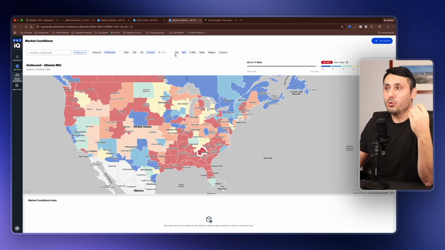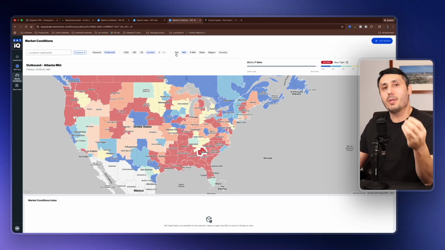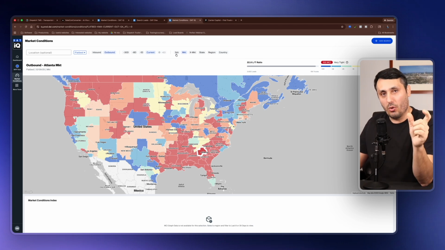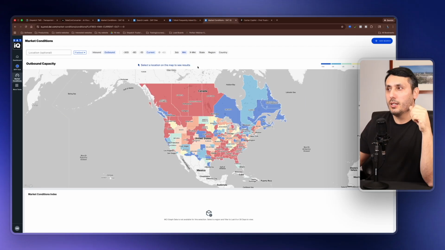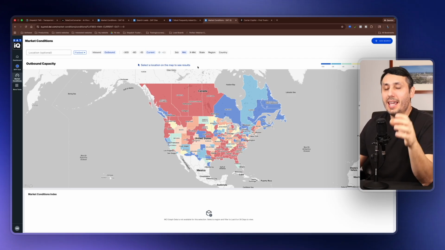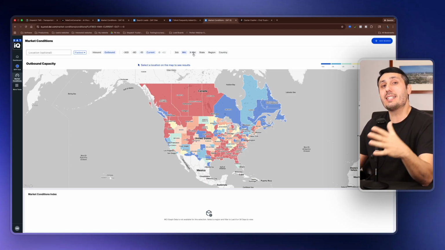We have 3DZ, that means 3-digit zip code. That means a granular level. We're not going into details. As I said, the general idea is to simplify and keep it simple so you can use it. Next, we have MKT, that means market. And XT means extended market.